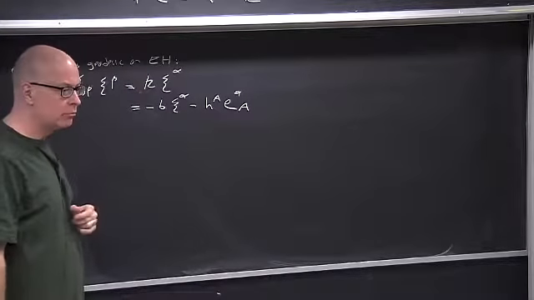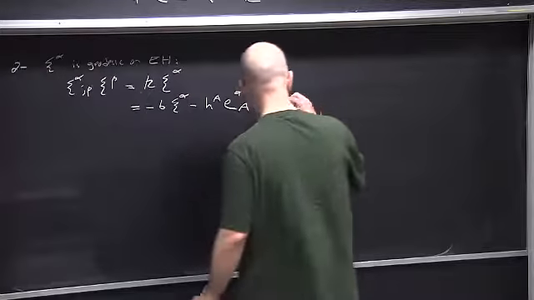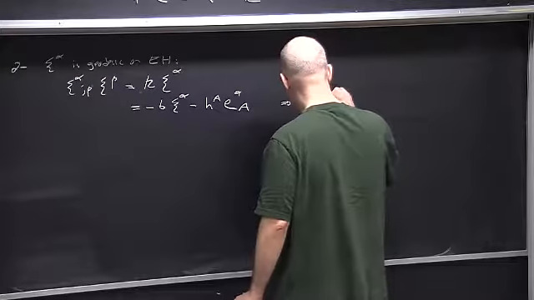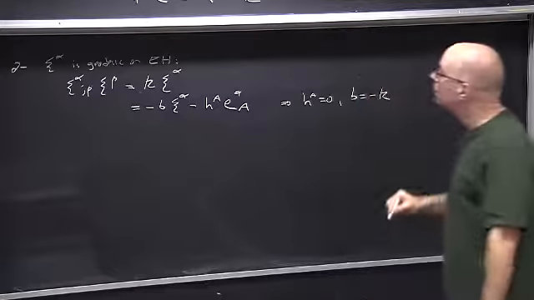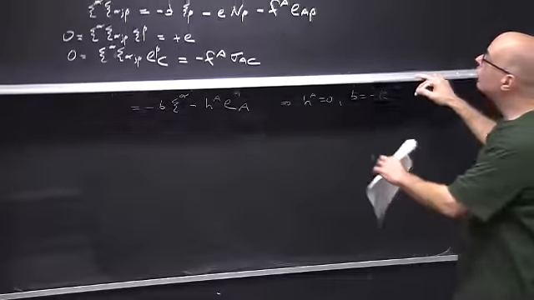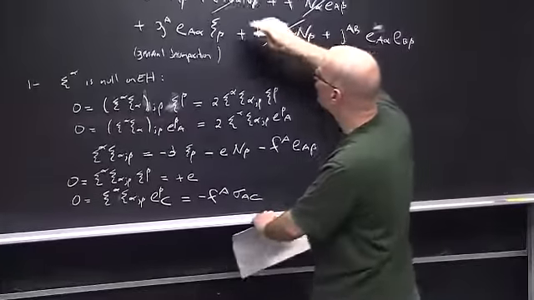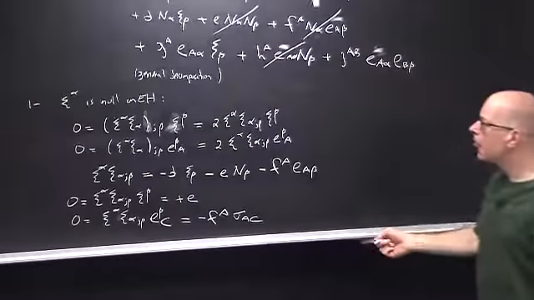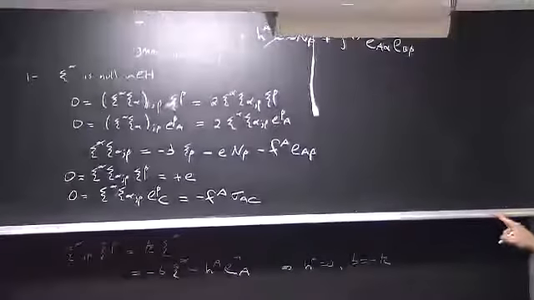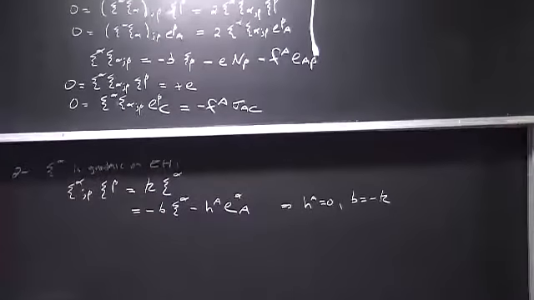So that means that H is 0, and B is equal to minus kappa. So we can go back up here, we can kill H, and we can replace B by minus kappa. So we're making progress. So that's another property that's taken into account.